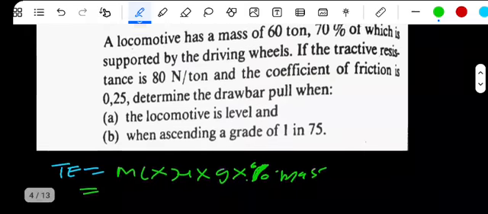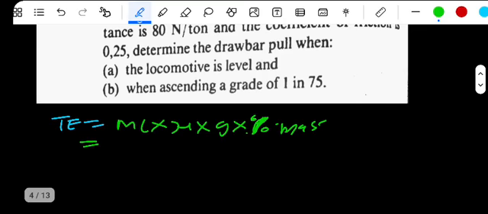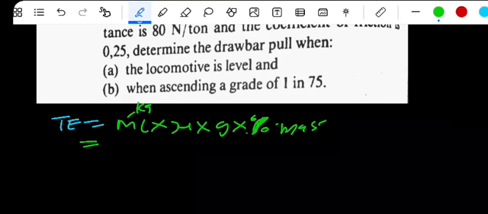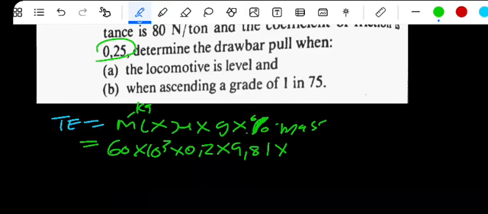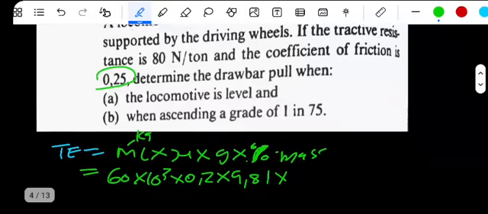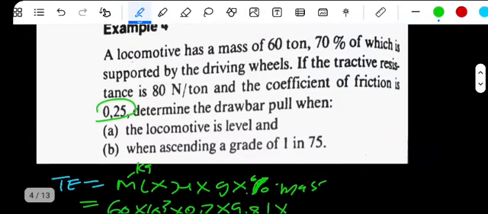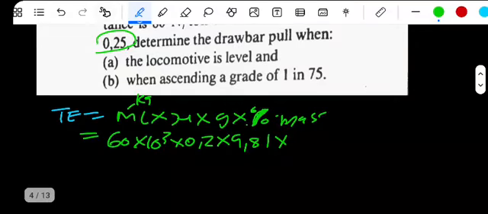Anyways, the mass of the locomotive is 60 tons. It must be in kg because this is mass, so 60 times 10 to the power of 3. Converting that. The coefficient of friction is 0.25, multiplied by gravity 9.81. Then the mass on the driving wheels, multiplied by 70%, which is 0.7.